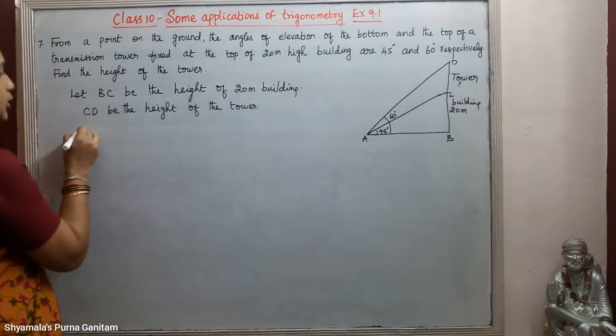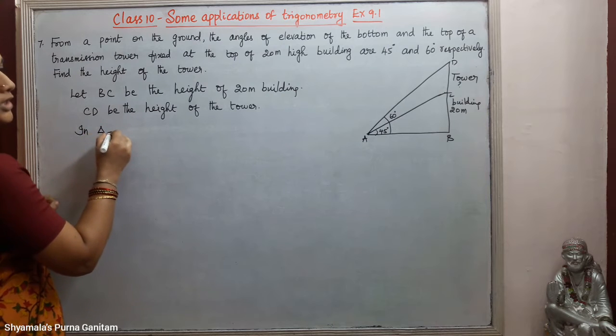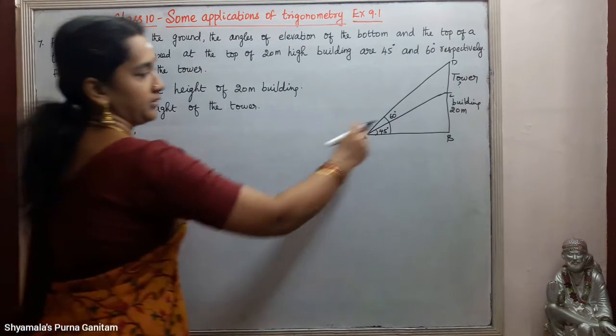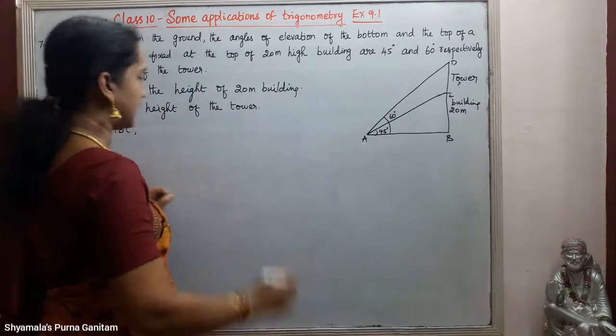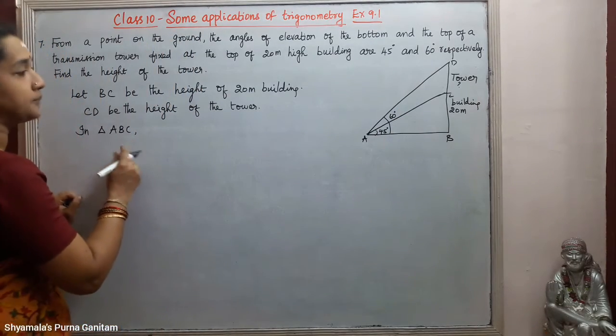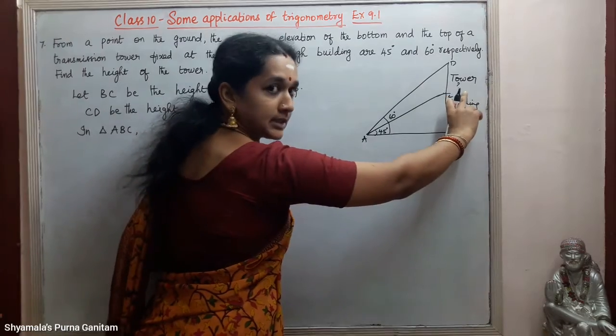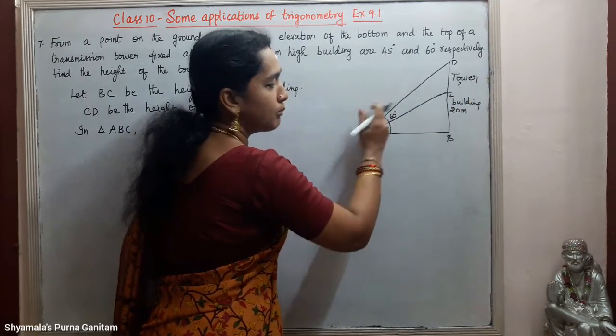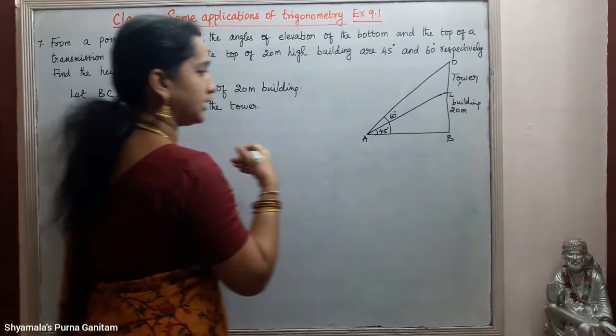First we will take two triangles. First we will take triangle ABC. In triangle ABC, we know this measurement, and this is common to both the angles, 45 degree and 60 degree.